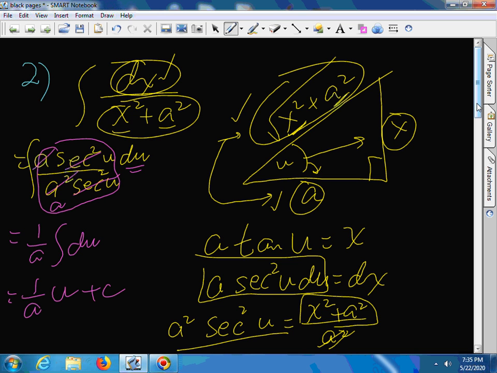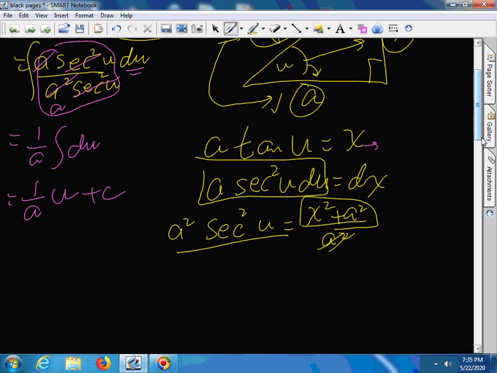Well, what's u? If you look here, you know that the tangent of u is x over a. You can swap those two, not if there was an a in front.